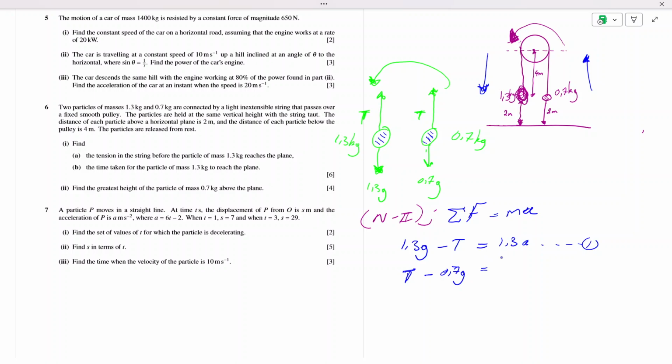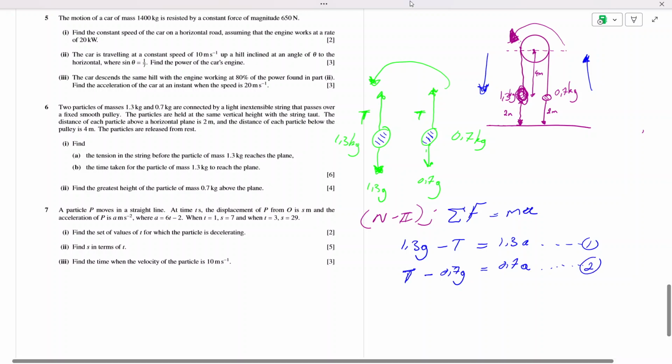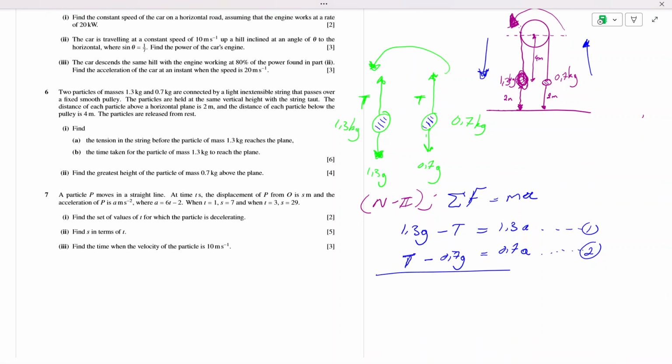And then that is equal to ma, which is 0.7 times the acceleration. We don't know it, but it is the same as the acceleration for the 1.3 kg particle. That's equation 2, right? Then I solve those two simultaneously. In this case, it's very easy. I'll just add, and the T goes away.